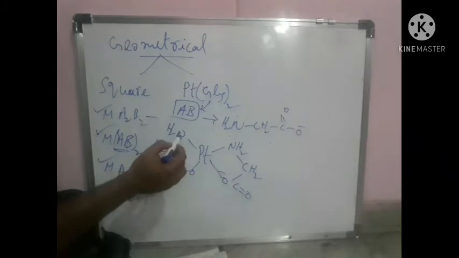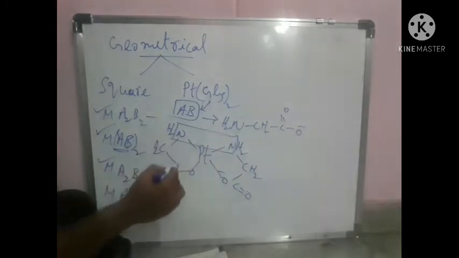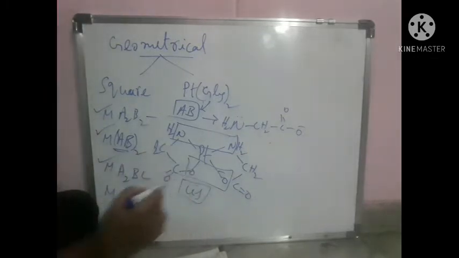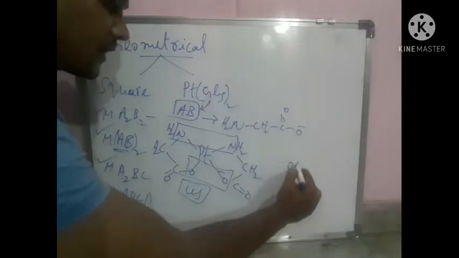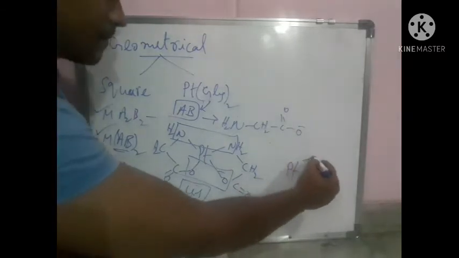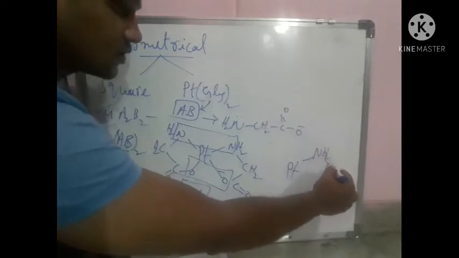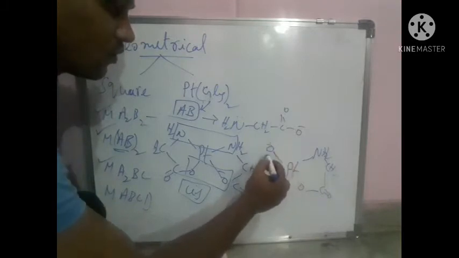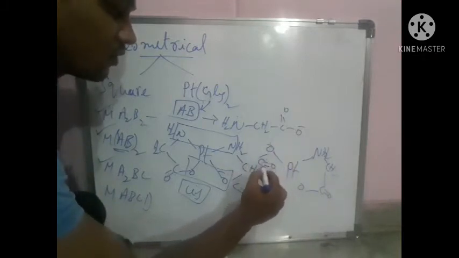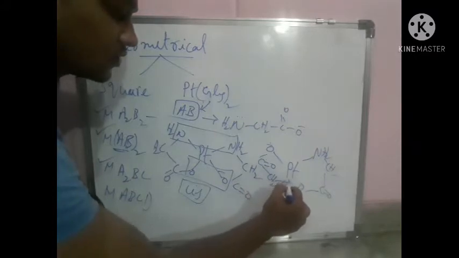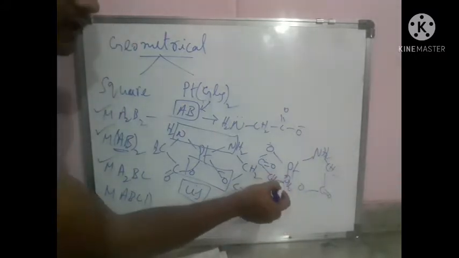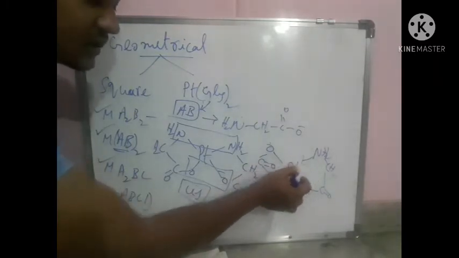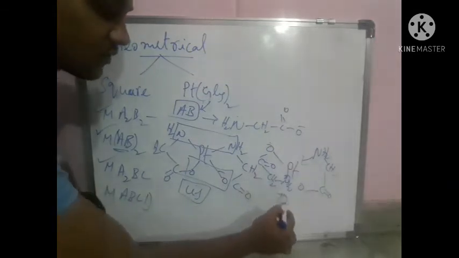Now the same kind of atoms are present on the same side, so this is called a cis isomer. Now coming to trans isomer, platinum with NH2 CH2 C double bond O, and here O C double bond O and CH2 and NH2. Here the similar nitrogen atoms are present in opposite directions, so this is called a trans isomer.